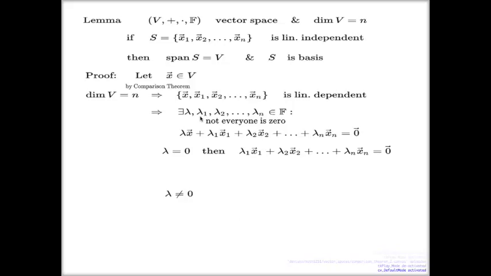We made an extra assumption that lambda is 0, so among the remaining n coefficients, one of them must still be non-zero, otherwise this claim is not true. But this is a contradiction, isn't it? Because if you have something like this equal to 0 and not every coefficient is 0, it means the set is linearly dependent. And that contradicts the original assumption that the set S is linearly independent. So we finished studying this possibility, and it's an impossibility. It cannot possibly happen.